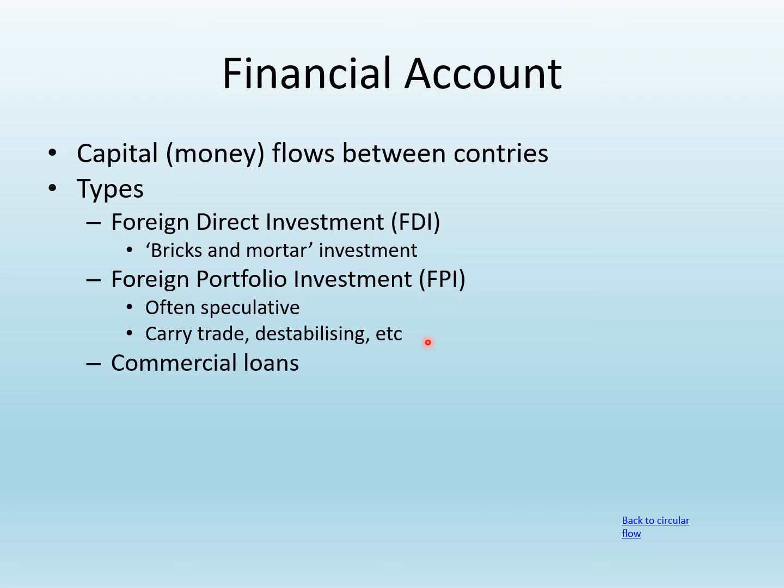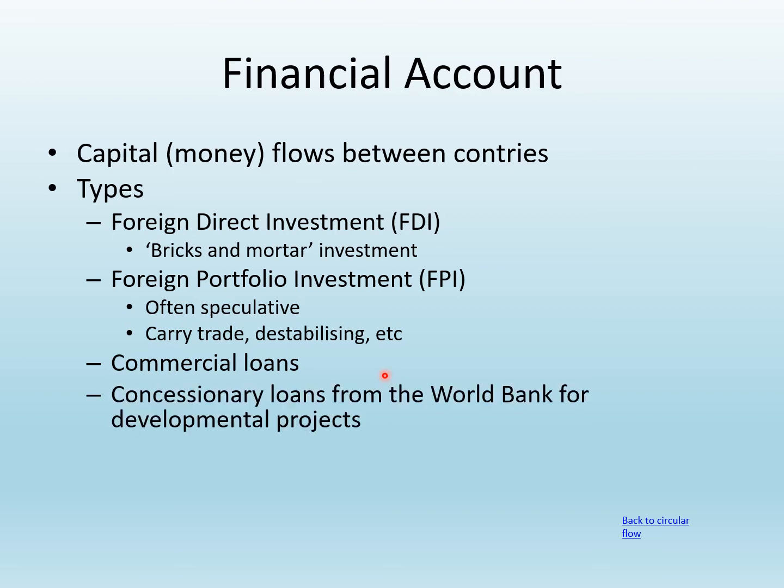The third kind of money that moves between countries are commercial loans. For example, ABN AMRO in the Netherlands were to lend money to Greece, which would be a really good investment to do. The fourth of them are concessionary loans, or subsidized loans, or cheap loans. The word concessionary, from the World Bank for developmental projects.